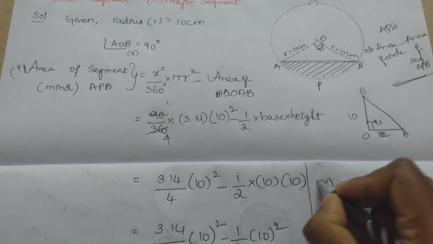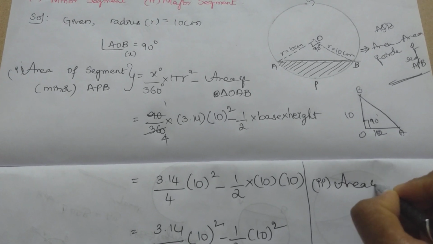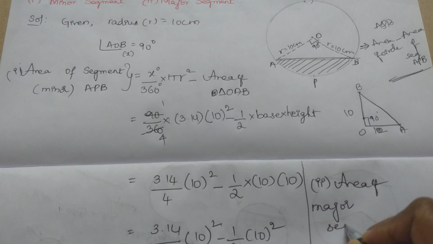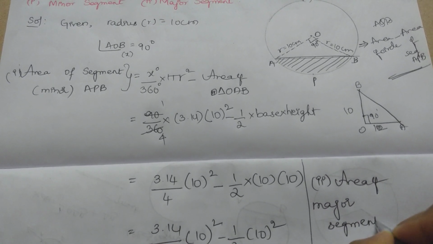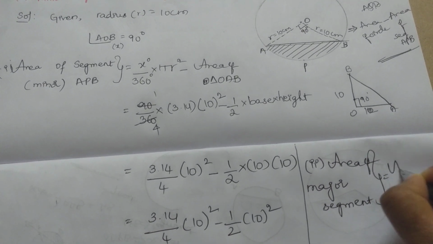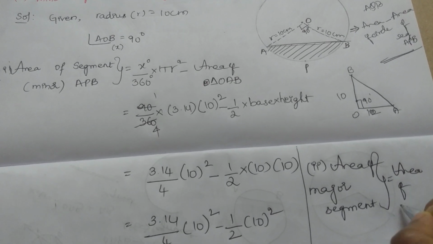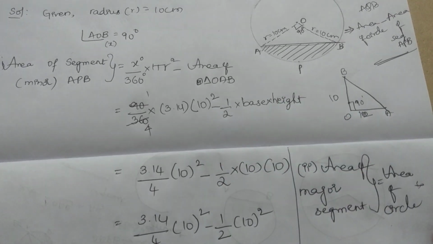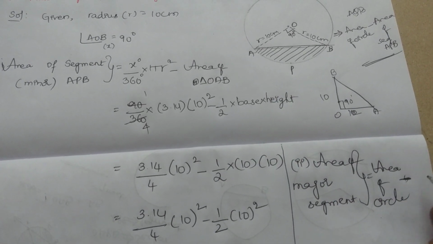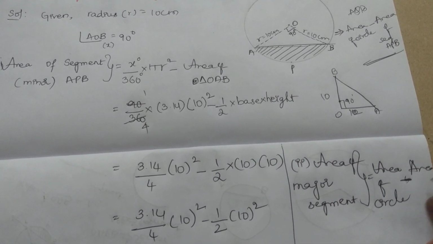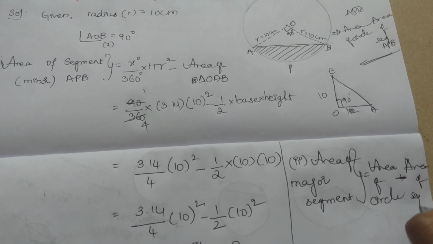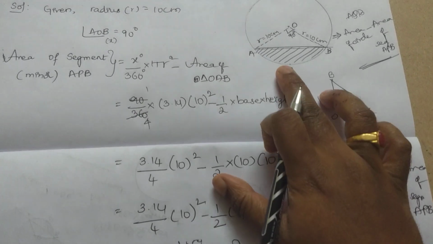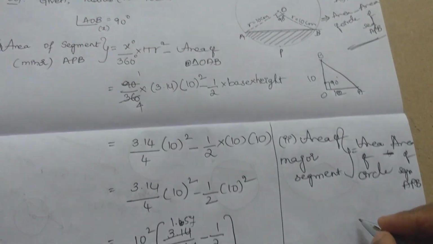Okay, let's write the same thing here. Second sub question: area of major segment equals area of circle minus, sorry, it is minus, area of circle minus area of segment APB. What is area of circle? How can we write it? It is pi r square, right?